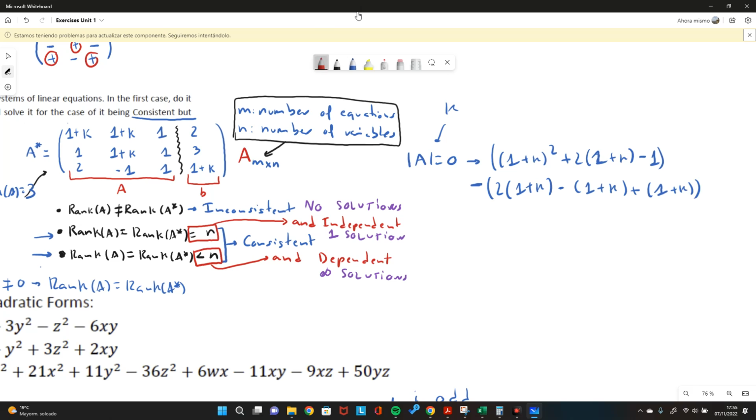And so you can see that this goes with this one and this goes with this one. So we have, this is equal to 0, of course, 1 plus k squared minus 1 equals 0. And so we have to solve that.